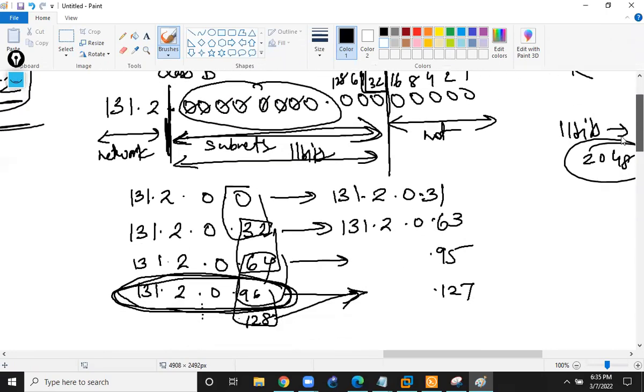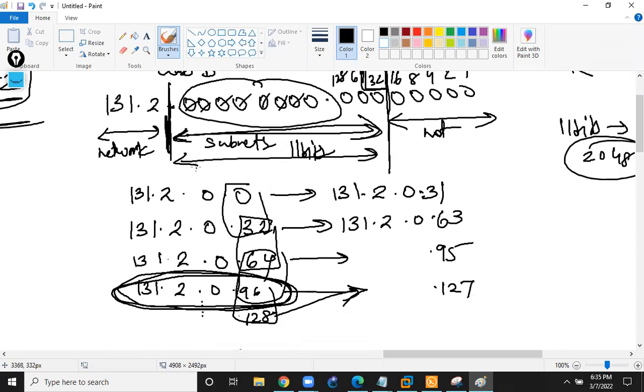Now, the last value will be when all the 11 bits become 1. Let me tell you an easier method to find the last one. Just decrease the block size from the value 256.